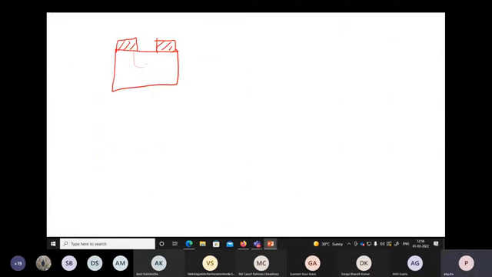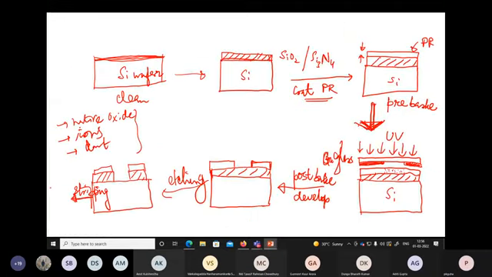If you look at the process steps, you need to develop. That is basically you need to remove the photoresist. So this drawing is for positive photoresist, in fact. What happens when it comes in contact with UV light, its long chain, basically the long chain of polymer will cut from this portion.